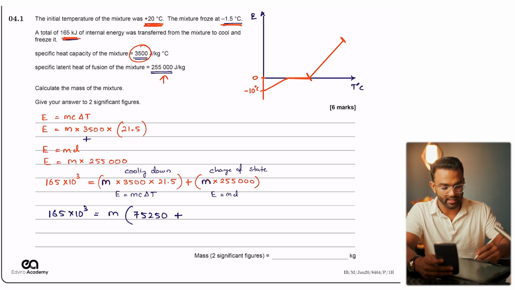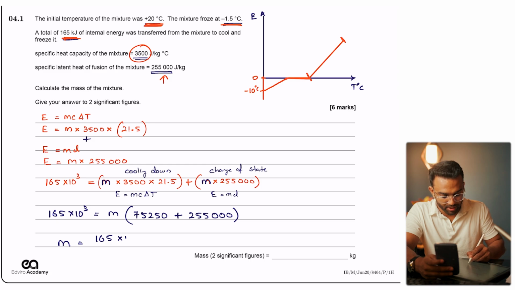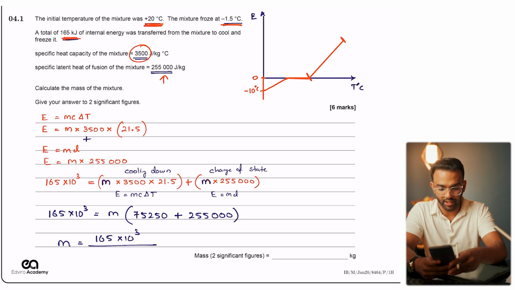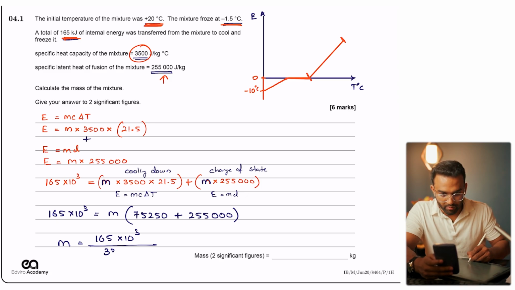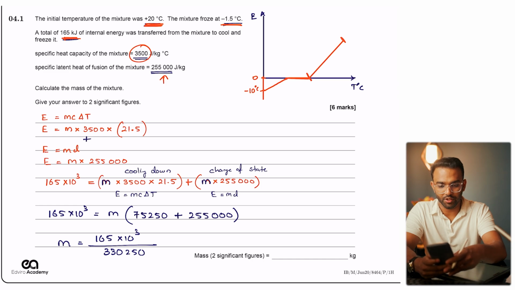I'm just factorizing m from it. Then we have 255,000. So the value of m equals 165 times 10 to the power of 3 divided by the addition of those values, which is 330,250. Put that in your calculator and you get your answer.